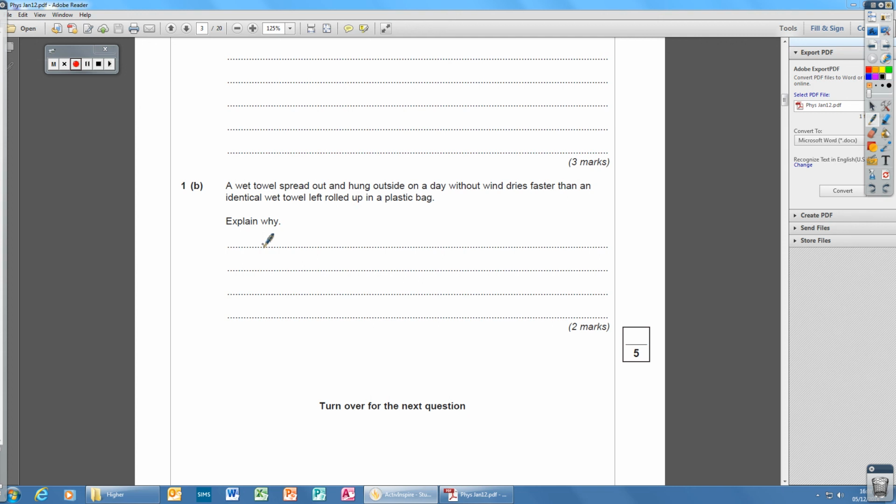So okay, surface area, if it's rolled up, so shall we say the one rolled up has less surface area, so that's going to be one mark.